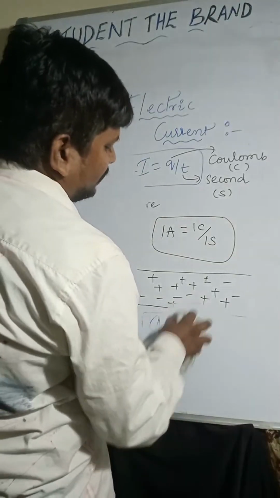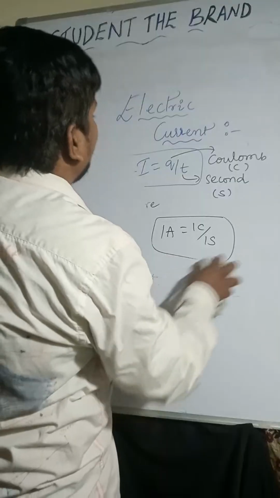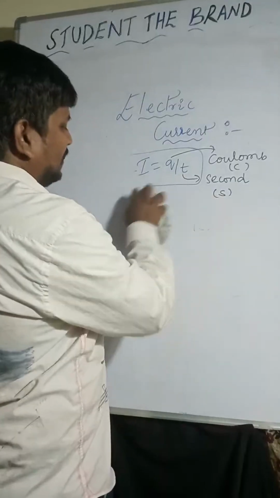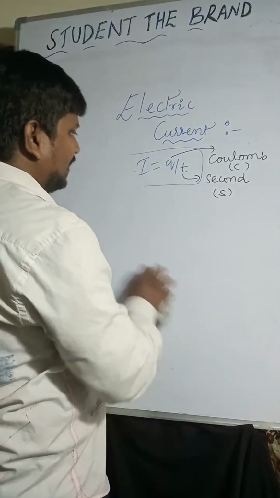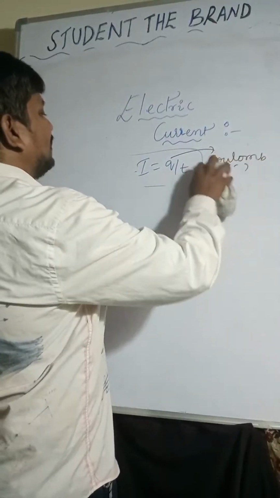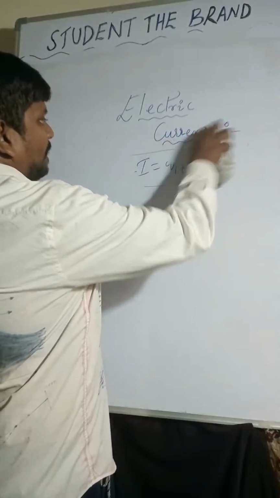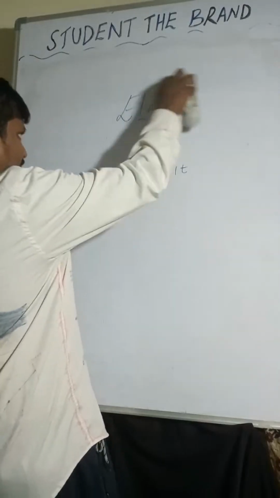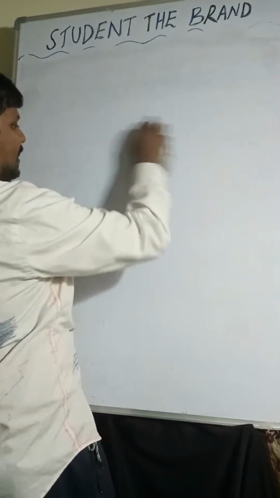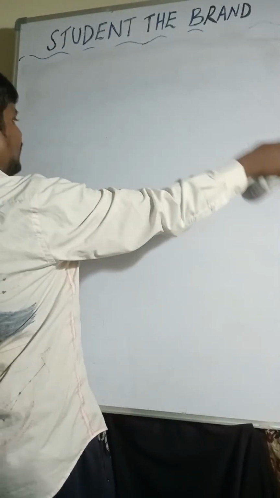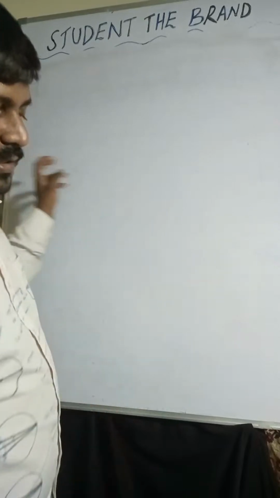Q equal to Ne, the SI unit of current, the definition of current, and the SI unit of charge. There are many ways they can ask.